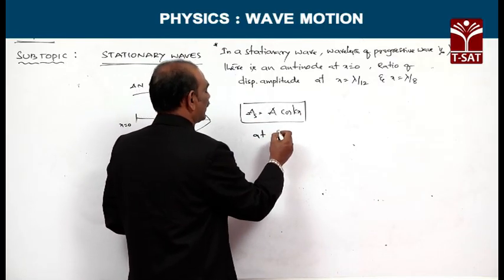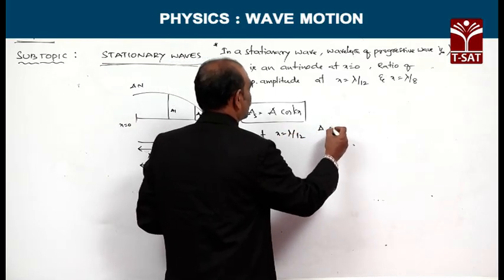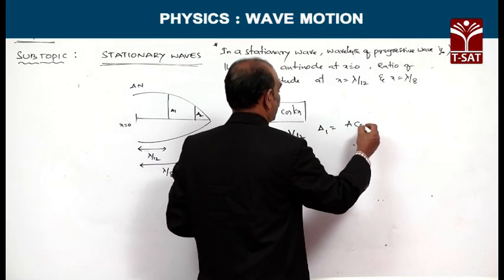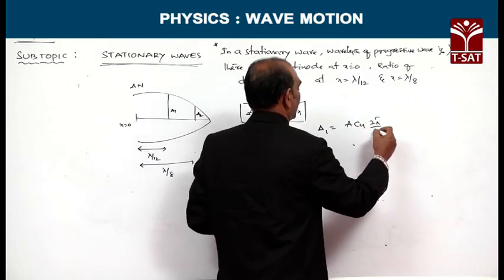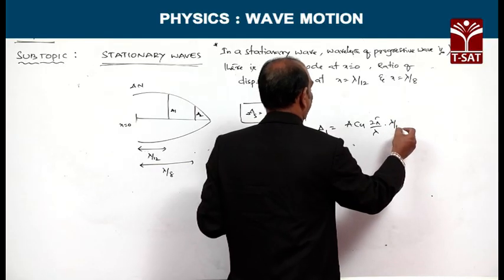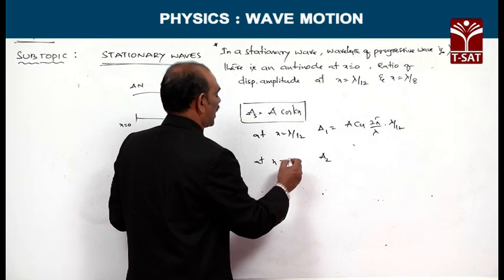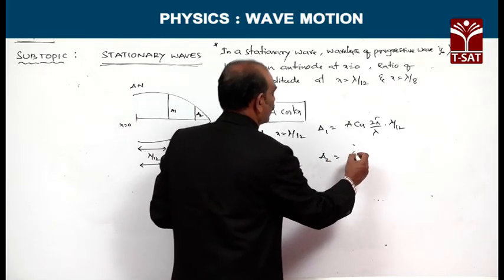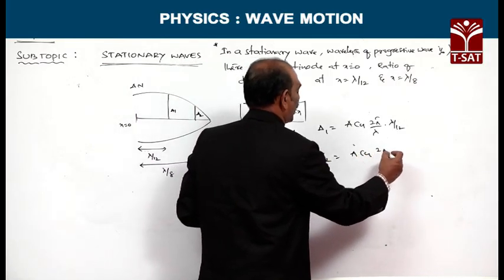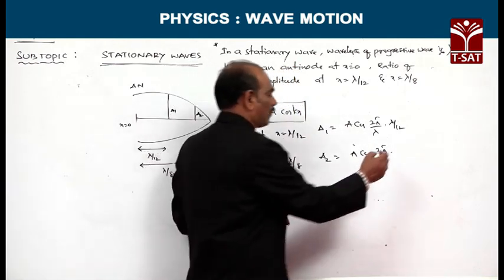Now at x = lambda by 12, A1 = A cos (2 pi by lambda into x), with x = lambda by 12. Similarly, at x = lambda by 8, A2 = A cos (2 pi by lambda into lambda by 8).